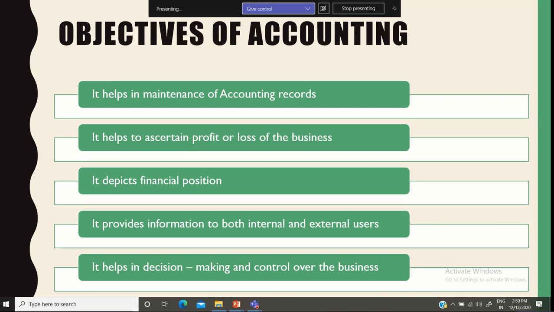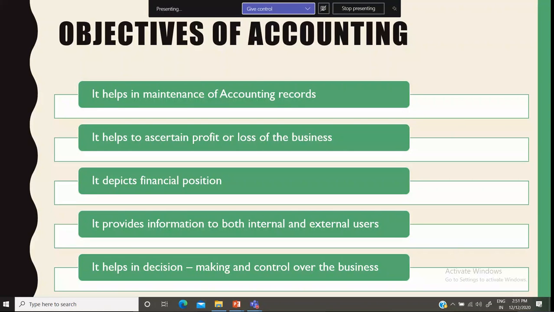If you maintain proper books of accounts in your business, then it will be helpful for both the internal people as well as the external people to know about your company, your company's financial position, your company's profitability position, everything. So whether you are in a good solvent position, meaning you are capable enough to pay all your loans and debts or not.